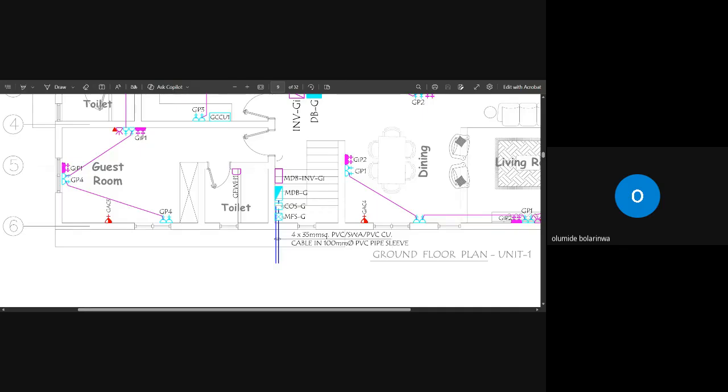I'm there with you. I think we should probably allow maybe like 3 meters. Yeah, 3 meter. Even the staircase is not even up to 3 meter. From this guest room to this thing is not even up to 3 meter when I measure it.